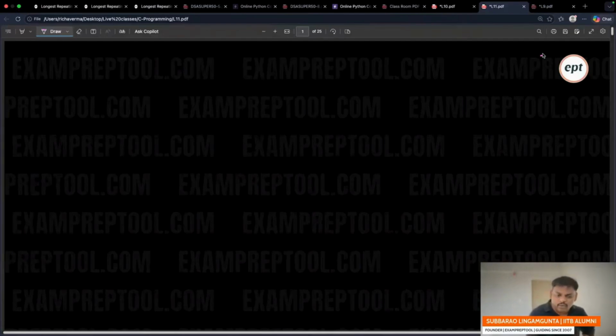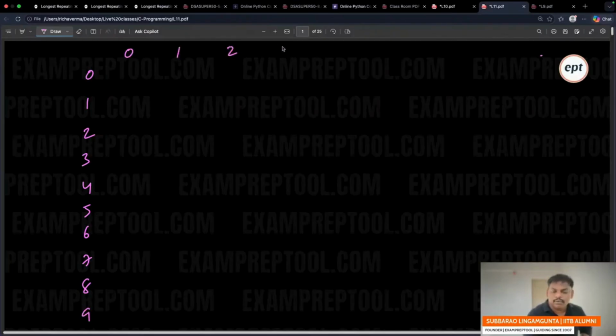That is the reason I am doing this. 10 rows and 4 columns. See this one. 0th row, first row, second row, third row, fourth row, fifth row, sixth row, seventh, eighth, ninth. Columns, if you see, 0, 1, 2, 3.